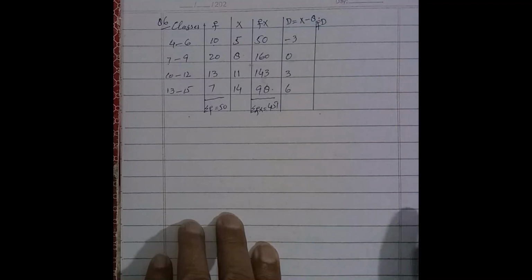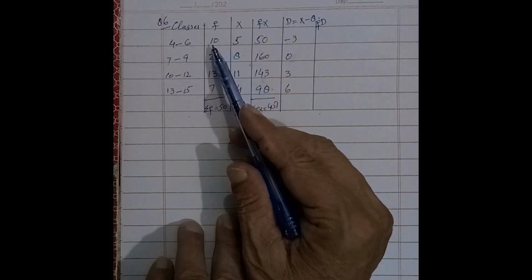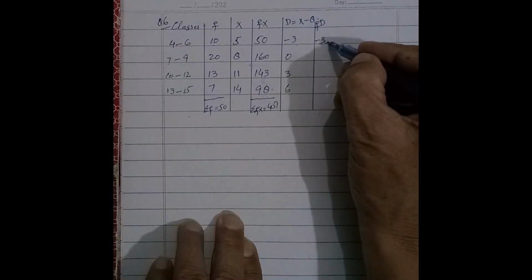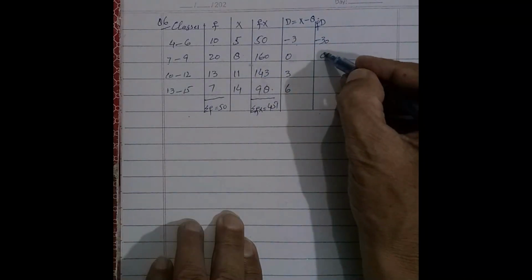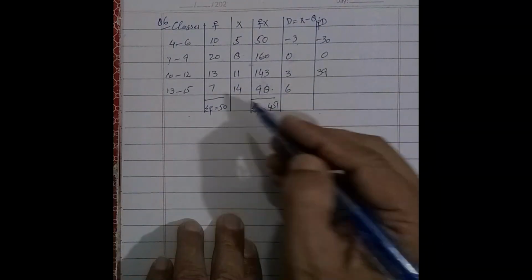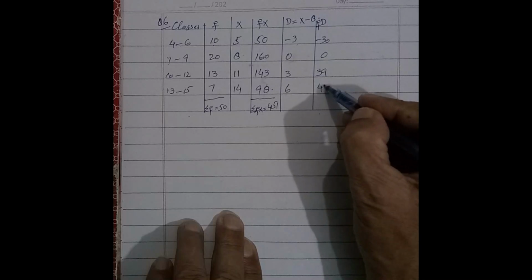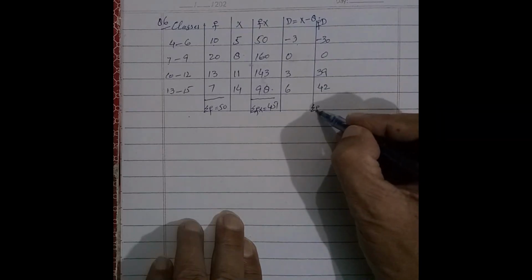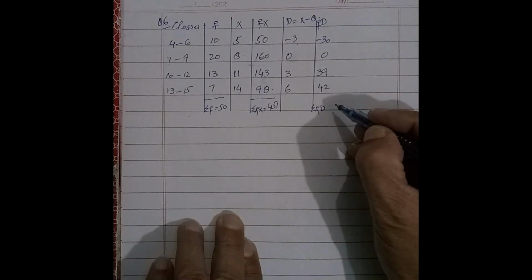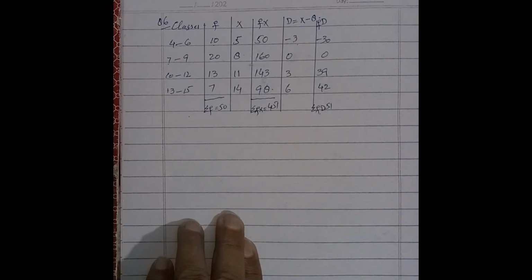And next we find the value of fd. Multiply f by d: 10 multiplied by minus 3 is minus 30, 20 multiplied by 0 is 0, 13 multiplied by 3 is 39, 7 multiplied by 6 is 42. Now we get summation fd, which is 51.